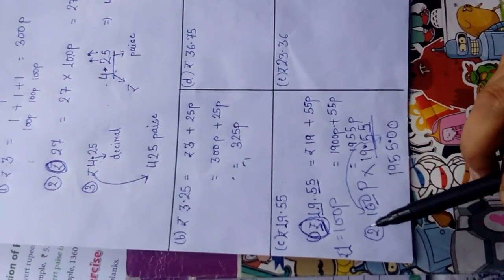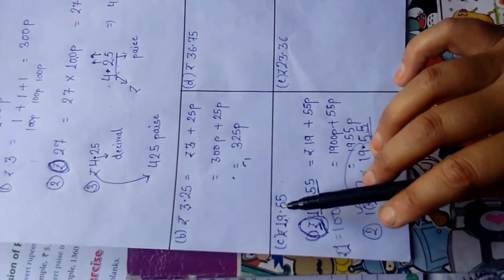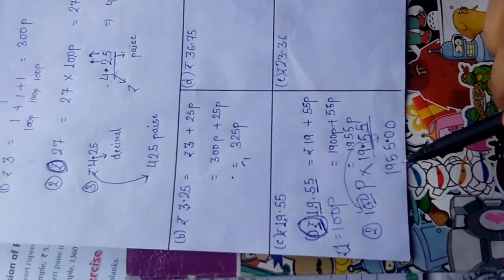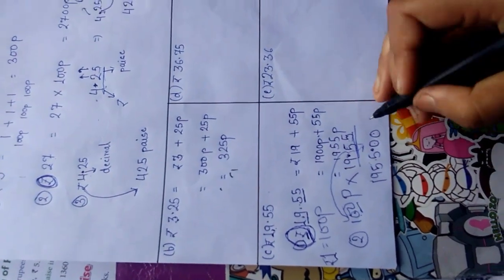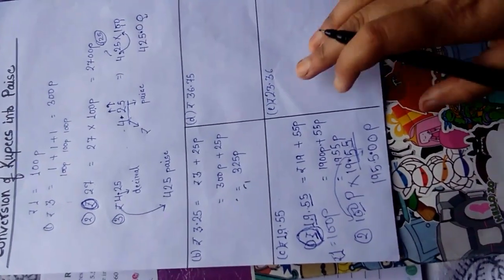Then we can say that in 19.55 rupees there are 1955 paise. Thank you, students. If you have any doubt, please call me.